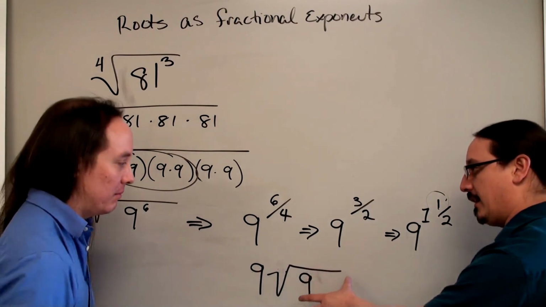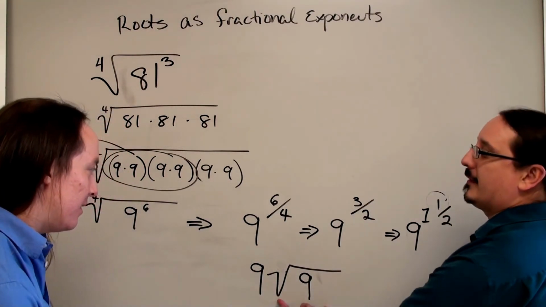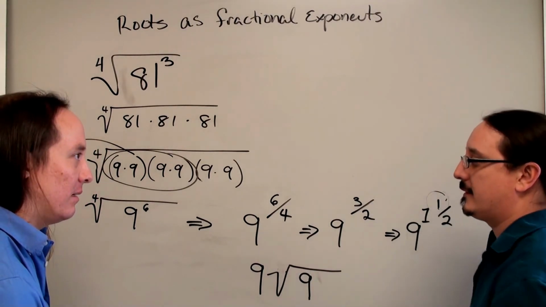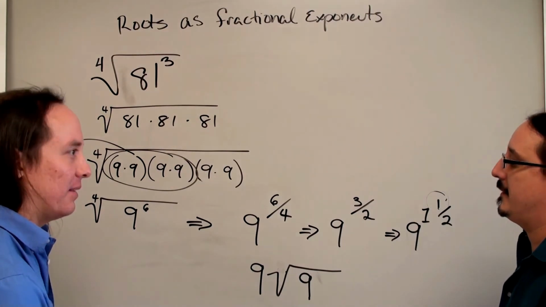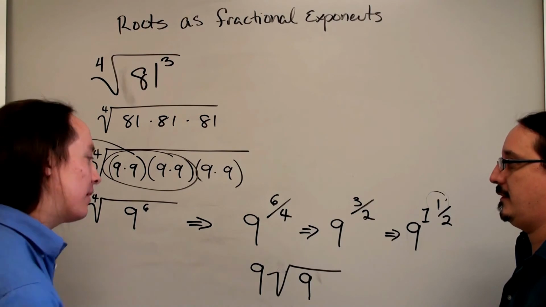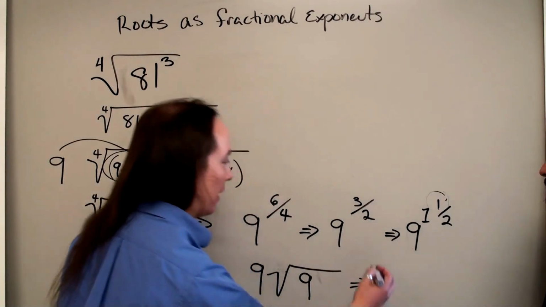But look what we have: the square root of 9. The square root of 9 is 3. Oh, so it keeps going. So then I get 9. Oh, wait, I have to pull a 3 out.